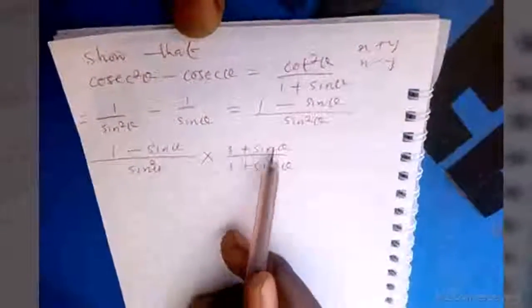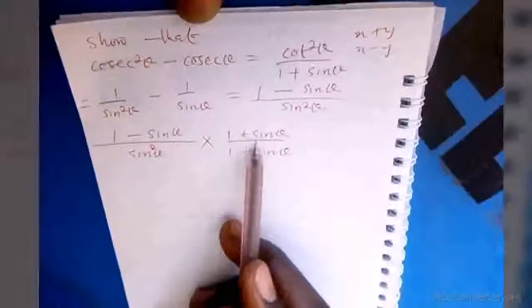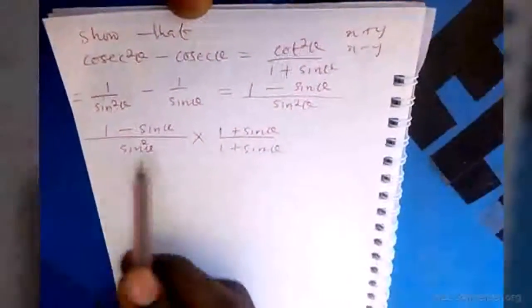It's just like we multiply by 1. Why? Because 1 plus sin theta over 1 plus sin theta is automatically equal to 1, and 1 times any number is that number. Therefore, in this case, we did nothing.